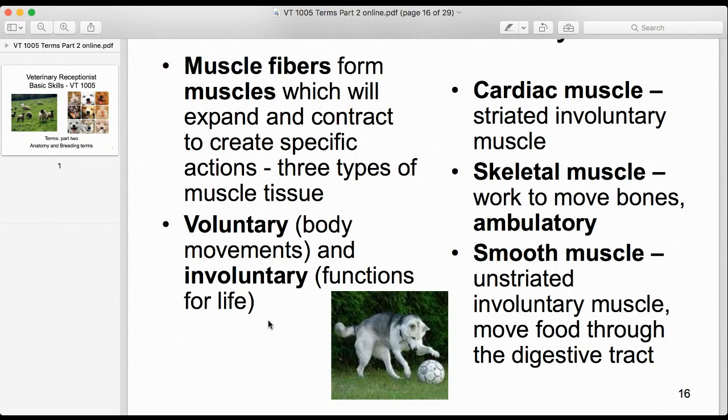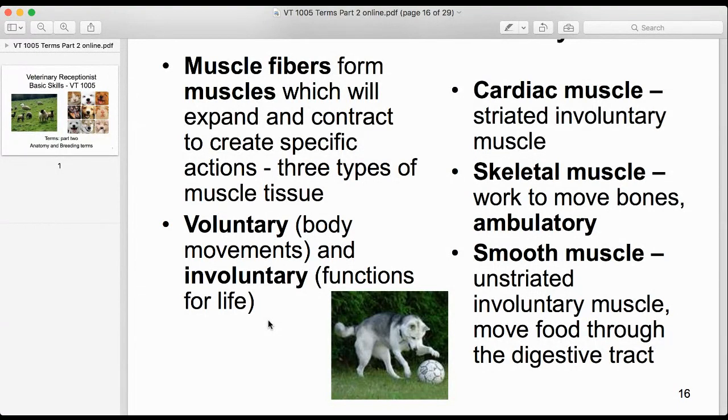Now we think of that very quickly through our nervous system, but it is a voluntary movement versus our breathing or our cardiac function. I don't have to say, heart muscle, please beat. Heart muscle, please beat, beat, beat, beat. No, no, no. Don't forget to beat. It is involuntary, and the functions for life are involuntary. So remember those two differences.